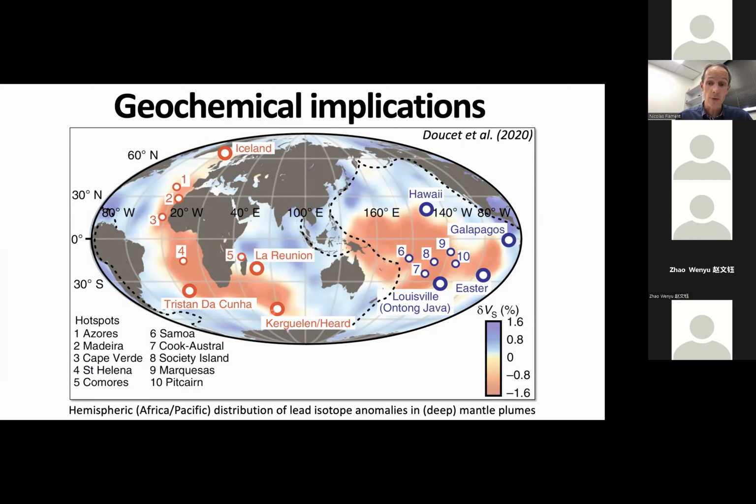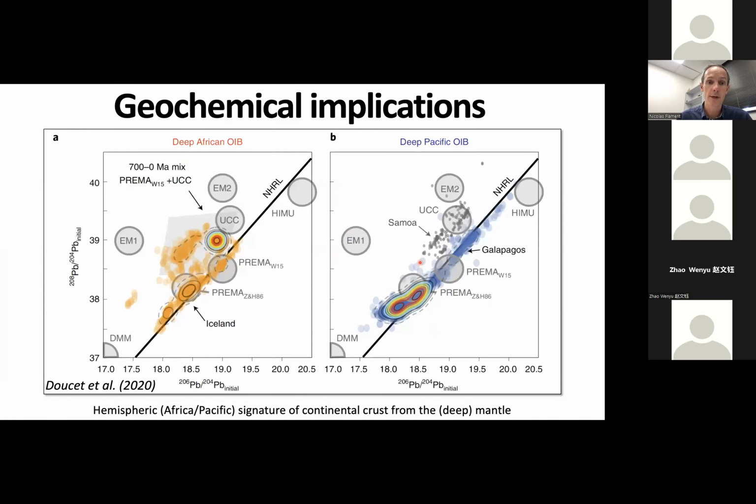The results of this work depend on which plumes are selected, as being primary plumes, either in the African hemisphere or in the Pacific hemisphere, African in red, Pacific in blue. And what Luc and others showed, looking at lead 208 to 204 anomalies against 206 to 204, and the previous week it was 207 to 204.